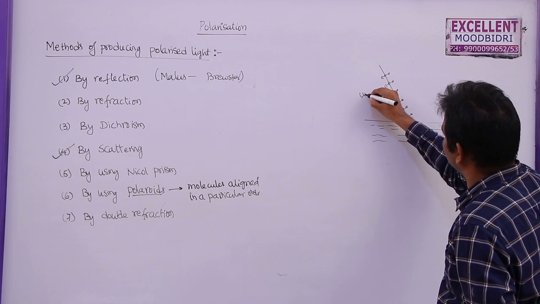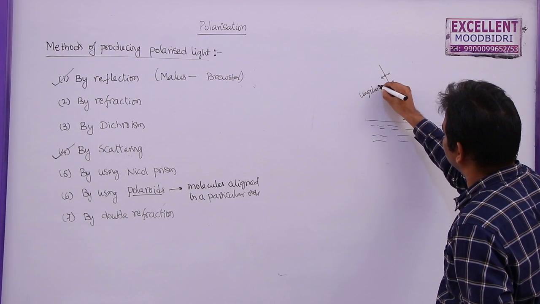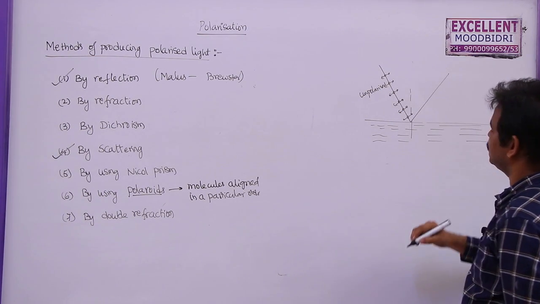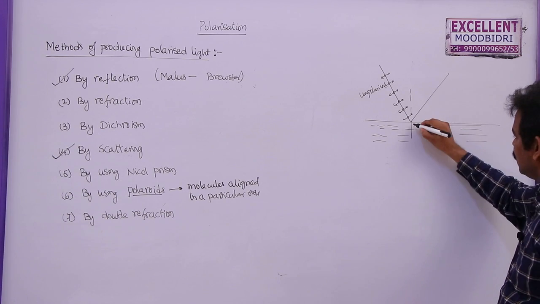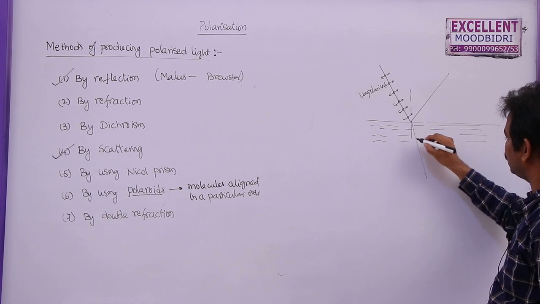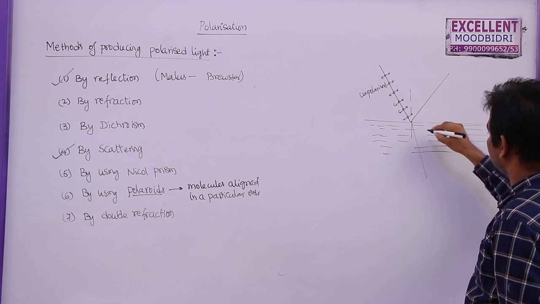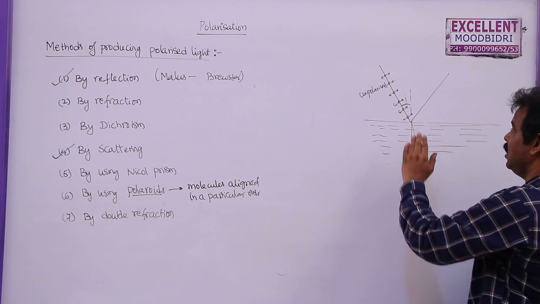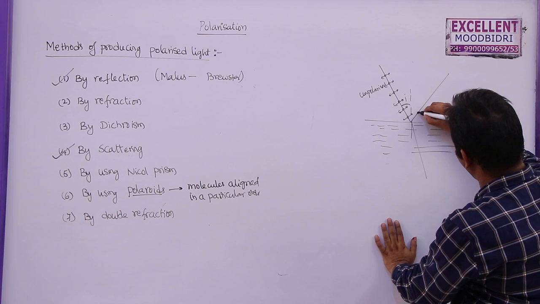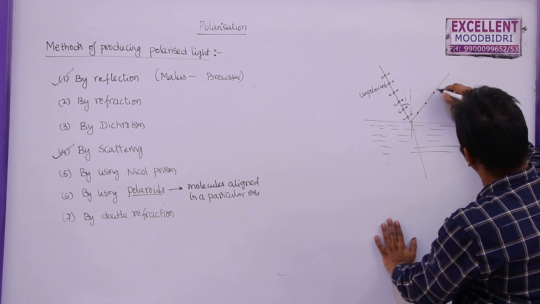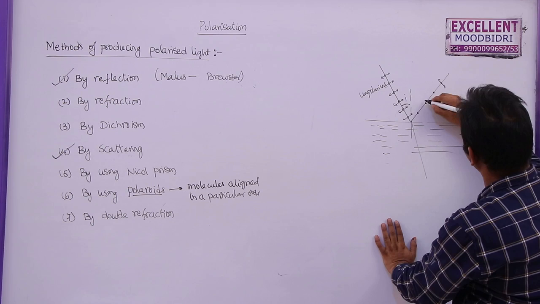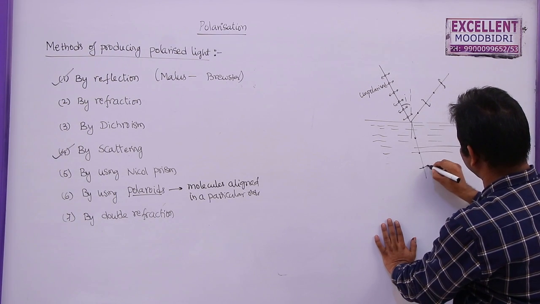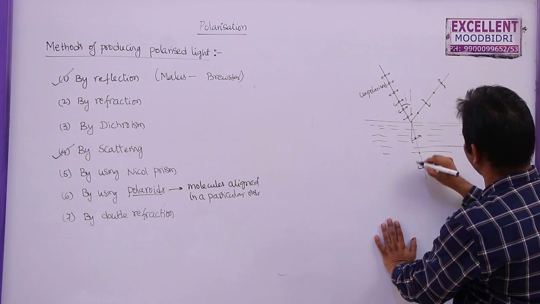So this is unpolarized light. After incidence, some part of the light will reflect and the remaining part will refract through this medium. It is observed that when this angle of incidence is gradually changed, here we will have these dot components as well as some arrow components. Here also we will have some dot components and some arrow components.